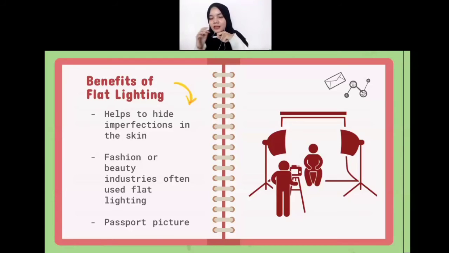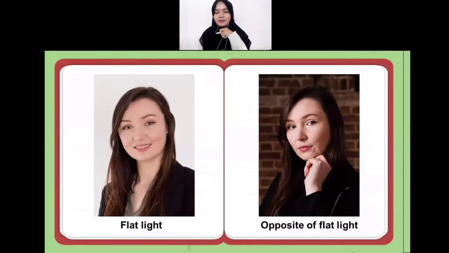If you have a passport with you right now, you can take a look at your picture. Your passport picture actually uses flat lighting, because you can see that your face is really smooth and there are no shadows visible on your skin. Right?